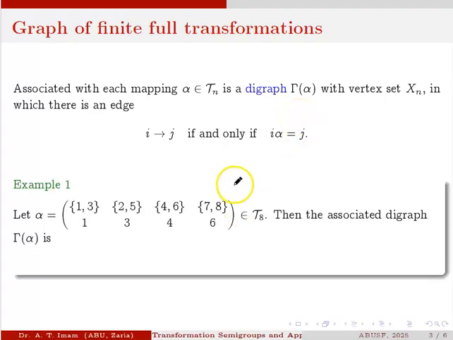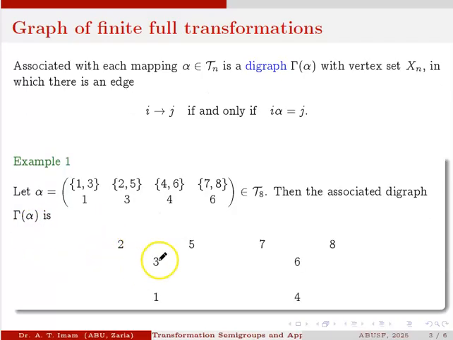And so looking at an example, if we pick this alpha from T8, then the digraph associated with alpha is as follows. So first of all, you have the vertices 1, 2, 3, 4, 5, 6, 7, 8. These are the vertices of the graph, elements of Xn.